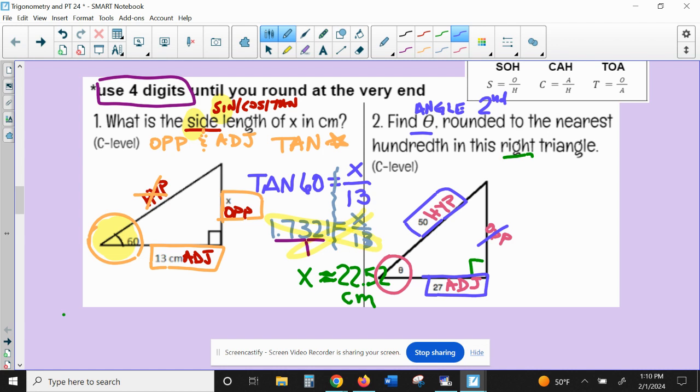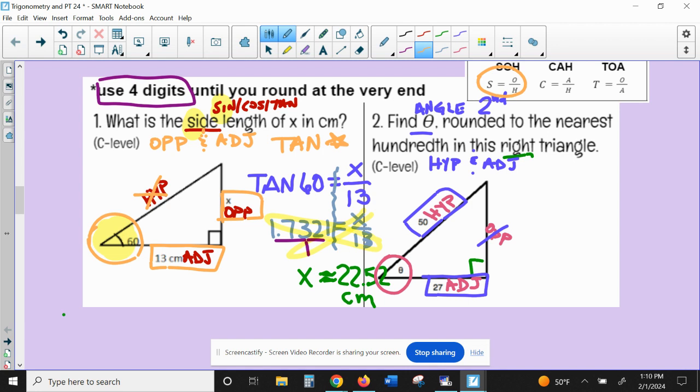Okay, so let's put down what information do we have stuff about? Hypotenuse and adjacent. So hypotenuse and adjacent. So let's start looking at our options up here, right? Hypotenuse and adjacent. Can we use sine?